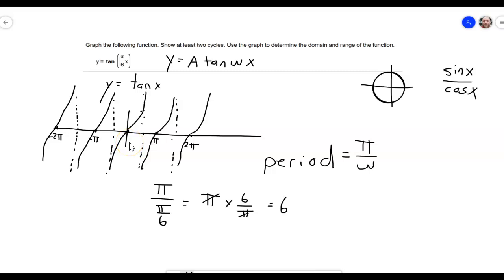Our total period is going to be 6, so instead of going from negative pi over 2 to pi over 2, this thing is going to go from negative 3 to positive 3, because it's going to go a total distance of 6. So if I were to graph this, I should see those intersects at negative 3 and positive 3, and let's check to make sure that that's true.